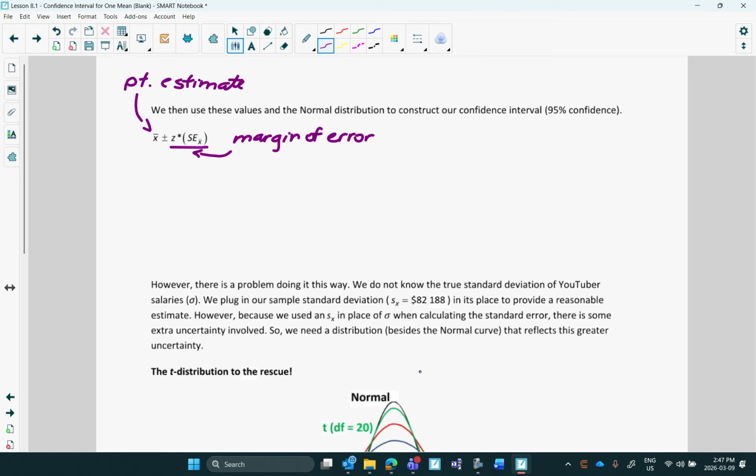In this case, our sample mean was 70,106, plus or minus, and notice we want 95% confidence. Do you remember the value of Z star? 1.96. It used to be 2, but then I discovered that I lied to you. No, I'm sorry. And then the sample standard deviation divided by the square root of the sample size.